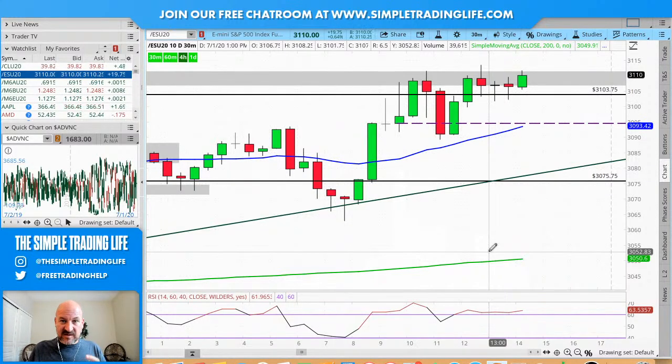So if you think something's correlated, like I'm just making something up, like energy, maybe you think oil and natural gas are correlated somehow. You can buy or sell one and then buy or sell the opposite to create a spread. Now, the advantage to that is it severely knocks down your margin requirement.